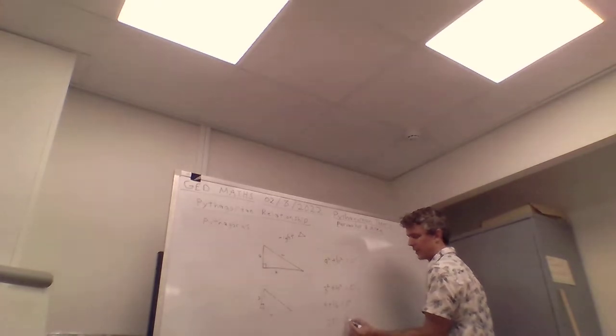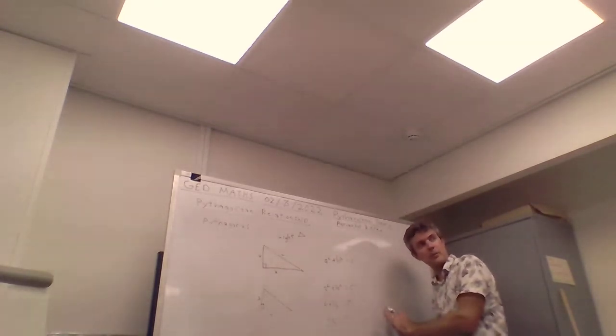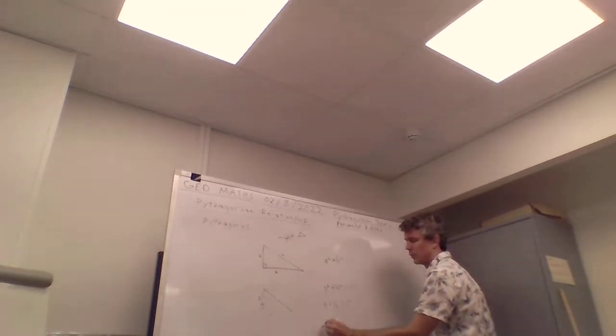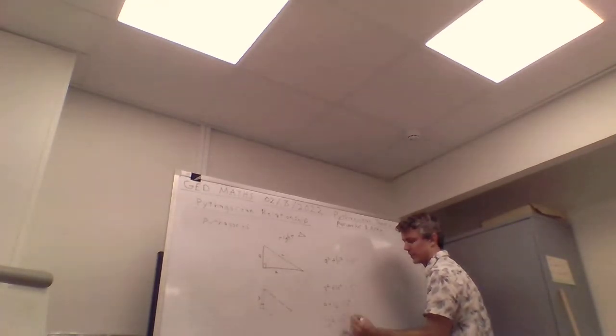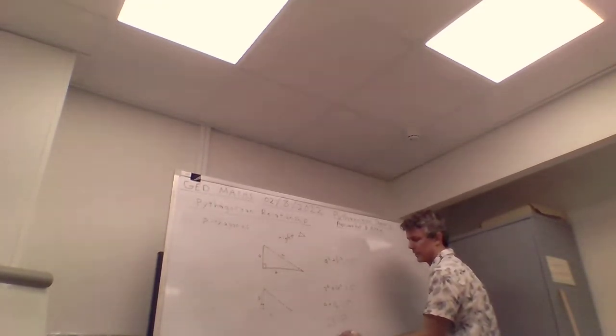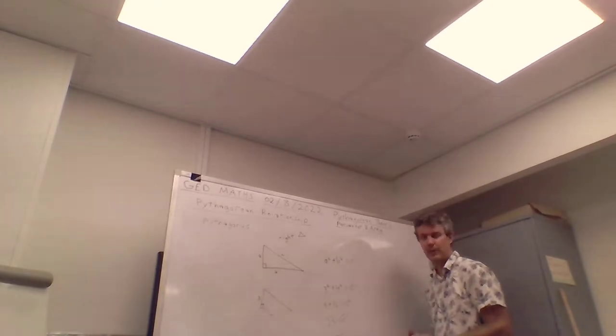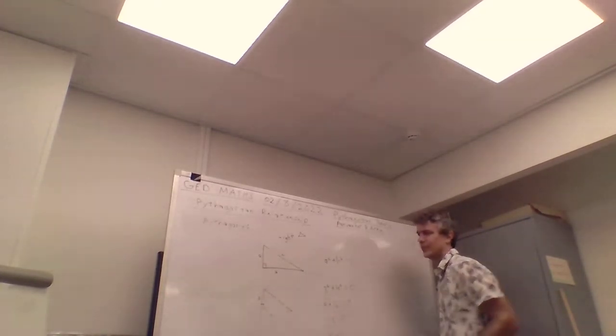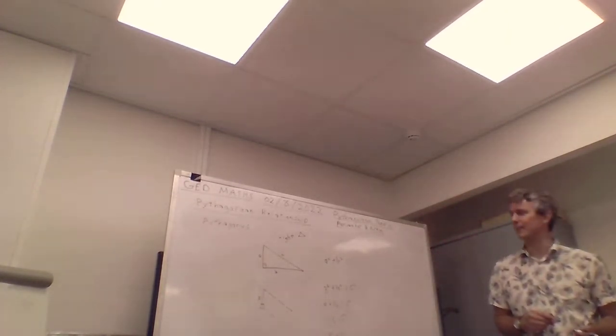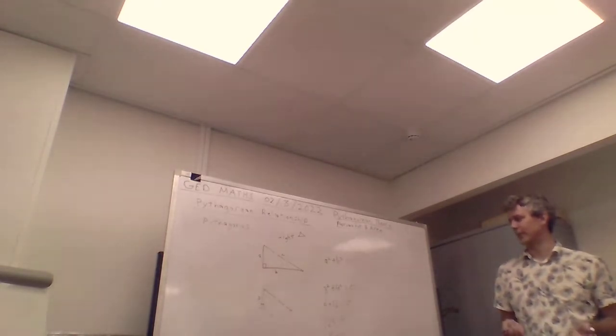To get c by itself, we do the same thing to one side as the other, so we square root both sides. The square root of a square is the thing itself, c. The square root of 25 is 5. That's really cool. 5 squared is 25.